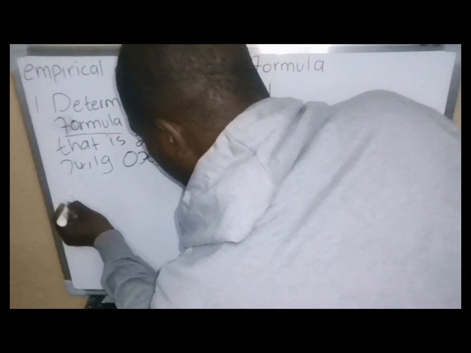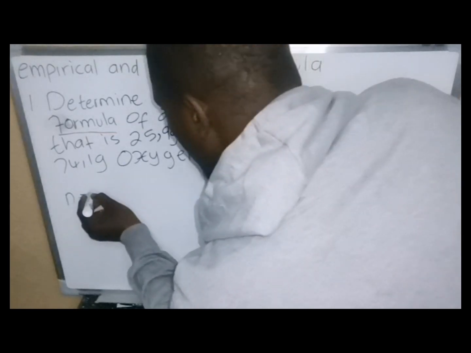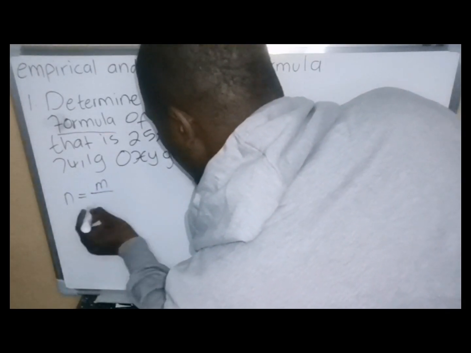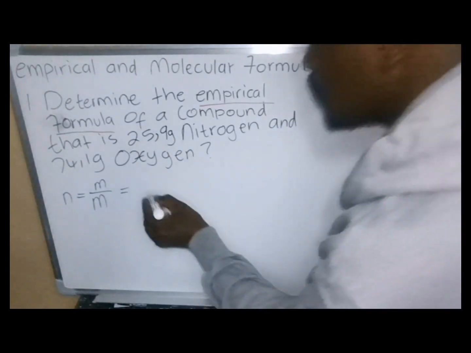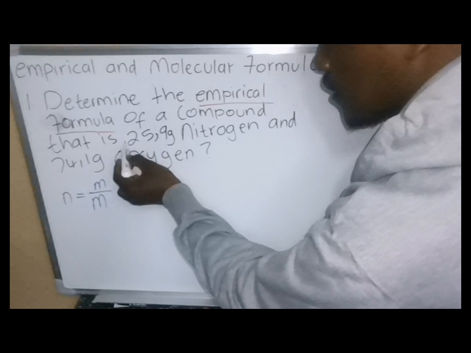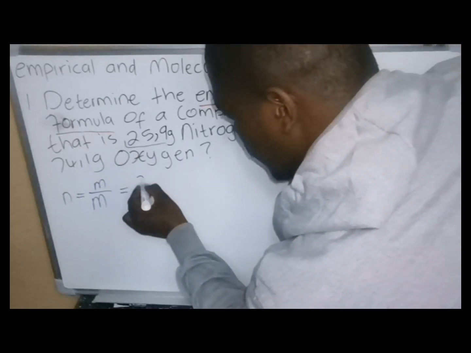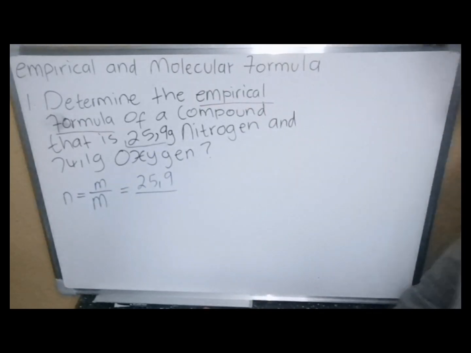Now let us find the number of moles of each atom, nitrogen and oxygen. Nitrogen: the number of moles is equal to the mass over molar mass. What is the mass for nitrogen? It's 25.9, divided by the molar mass for nitrogen.